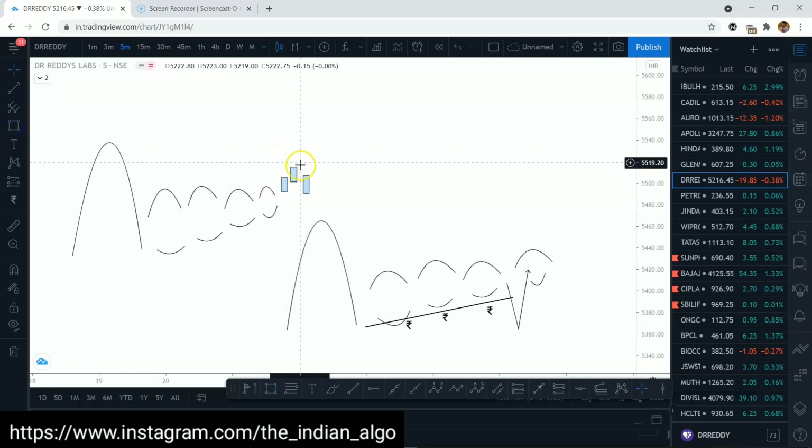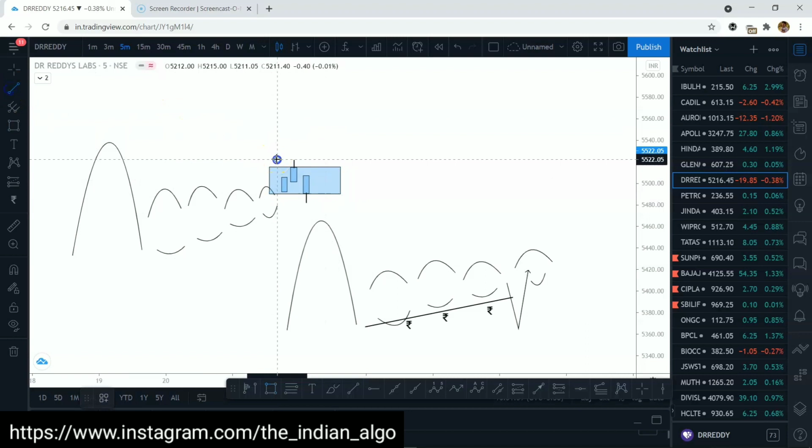What you will do is, as you get a small range, let's say these ranges also have wicks. What you simply have to do is draw the range body to body.